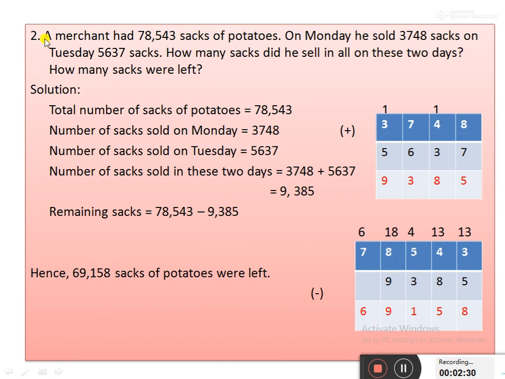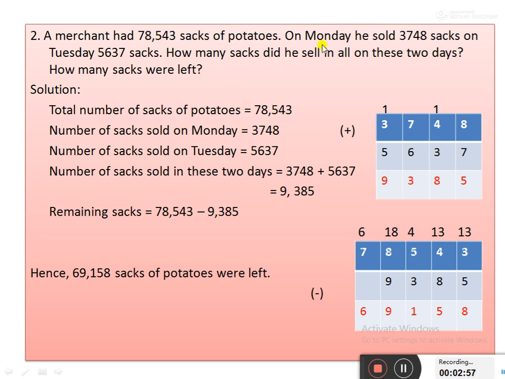Question number 2. A merchant had 78,543 sacks of potatoes. On Monday he sold 3,748 sacks. On Tuesday 5,637 sacks. How many sacks did he sell in all on these 2 days? So total number of sacks of potatoes, how many? 78,543.